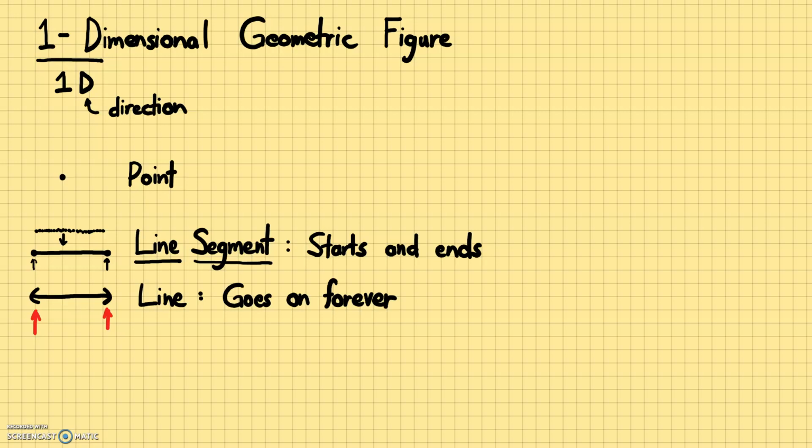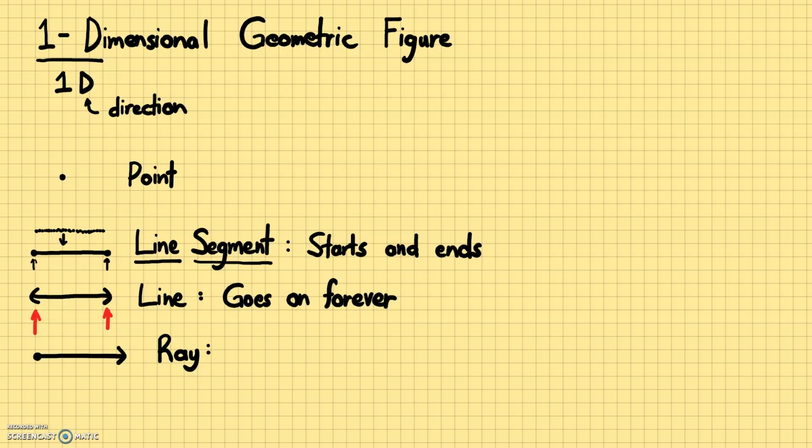Now, if you have a line or a line segment that has a beginning, it starts here like this, but it doesn't have an end. It just keeps on going in one direction. This is called a ray.